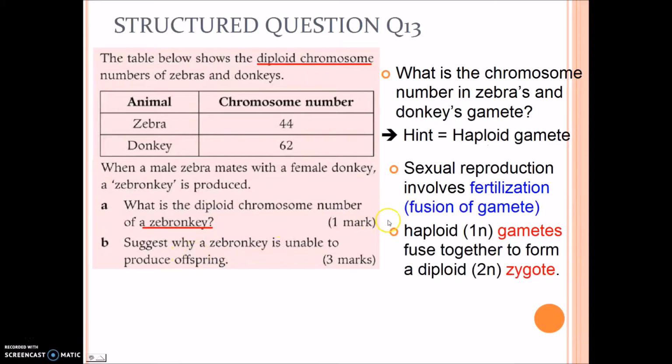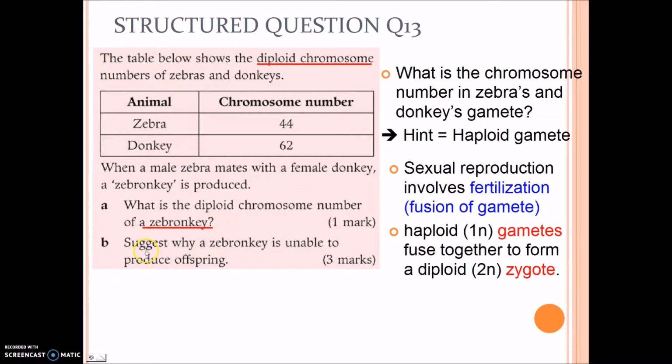Sexual reproduction involves fertilization, fusion of gametes, and the haploid gametes will fuse together to form the 2N zygote, the cell produced after fertilization. So first tell me the haploid number of each gamete, and then add them together, 1N plus 1N, and then you will know the diploid chromosome number of the zebronkey.